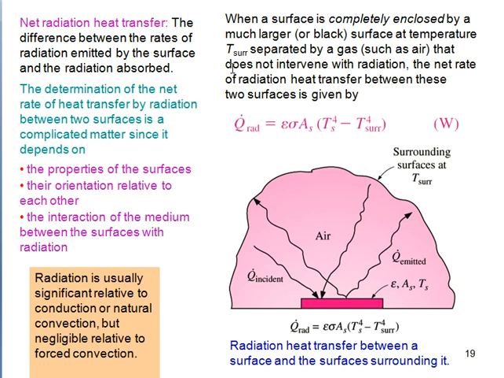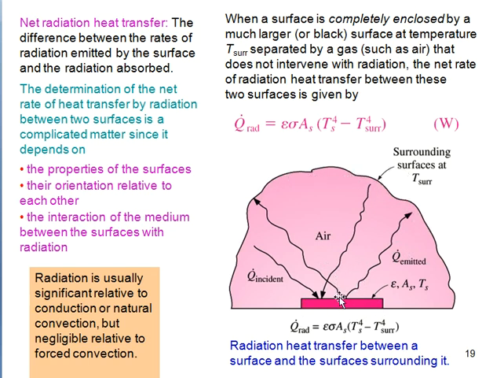Now, net radiation exchange. Till now we have considered radiation emitted from a black body or actual surface, but here we consider the exchange between two bodies. There is one solid body exchanging with the surrounding environment.